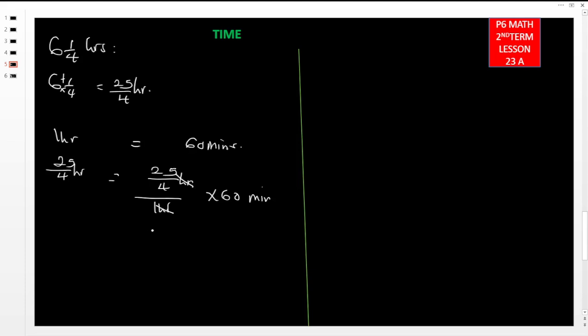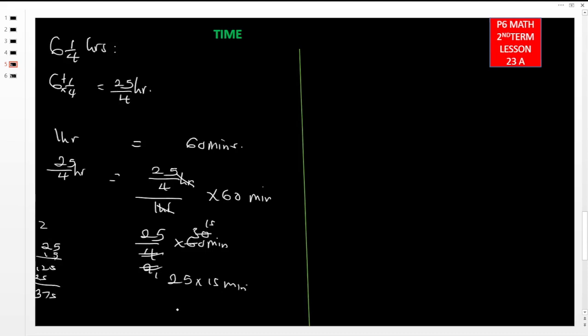Then an hour with an hour, and this is 25 out of 4 by 60 minutes. How many 4s are in 60? There are 15. So 25 times 15 minutes. Side work here: 25 by 5, 5 times 5 is 25, 10 plus this one, it is 12, this is a 5 and a 2, so 5, 7, 3. So we come up with 375 minutes.